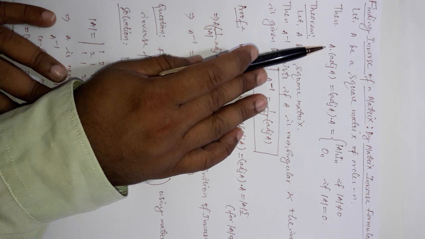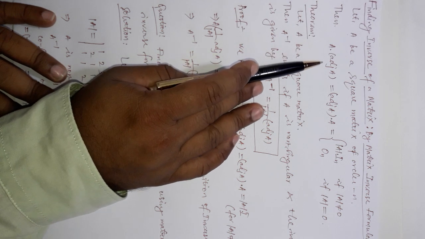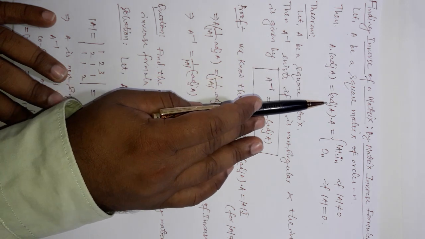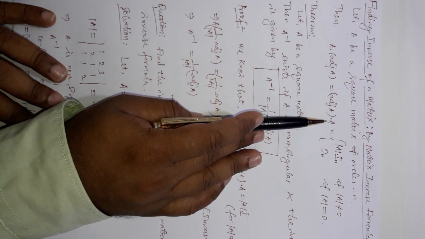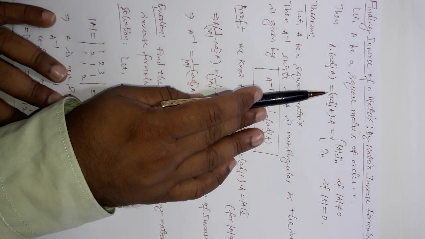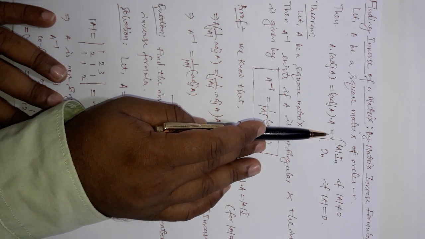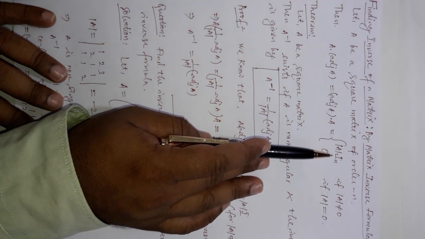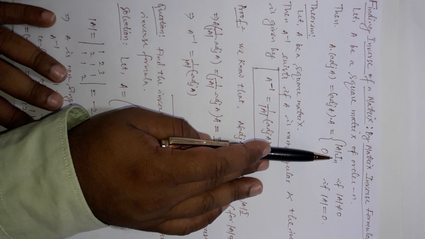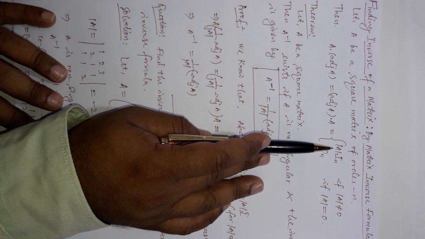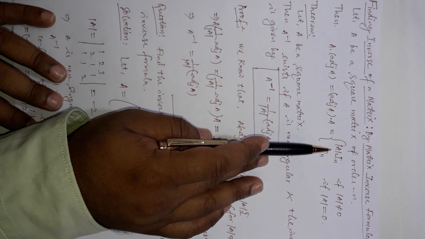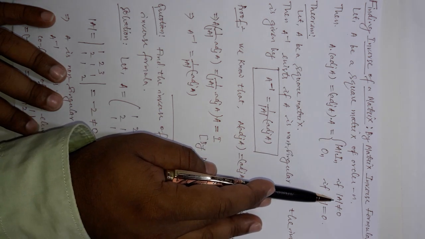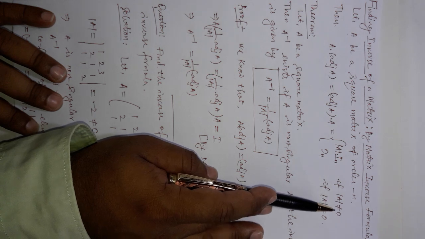So, we know that if you multiply a matrix with its adjoint, or the adjoint of the matrix with the matrix, they both are equal and they both equal a scalar matrix of the same order, where the diagonal element is equal to the determinant value of the matrix if the matrix is non-singular.